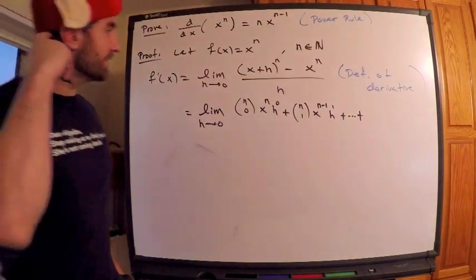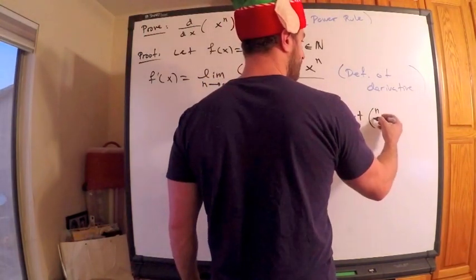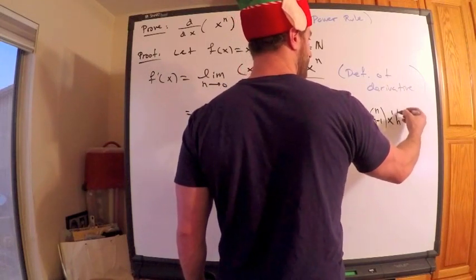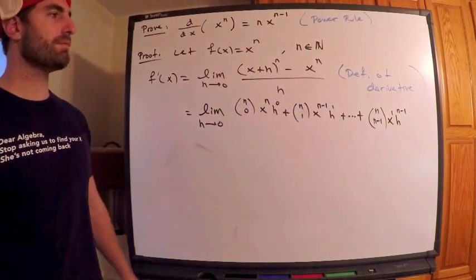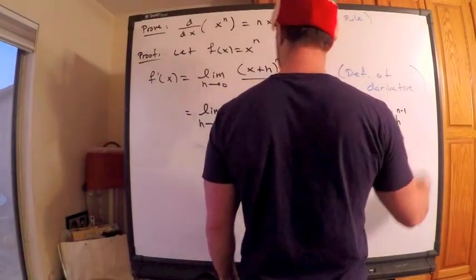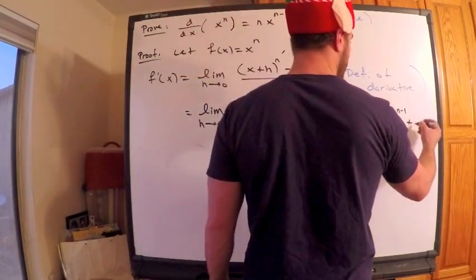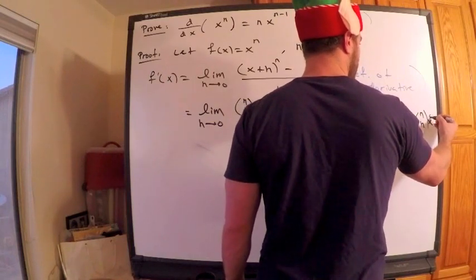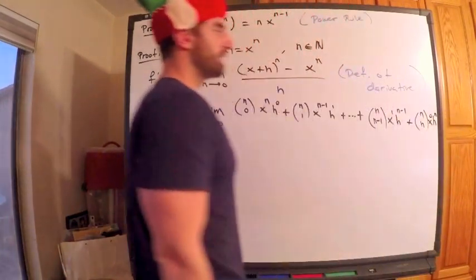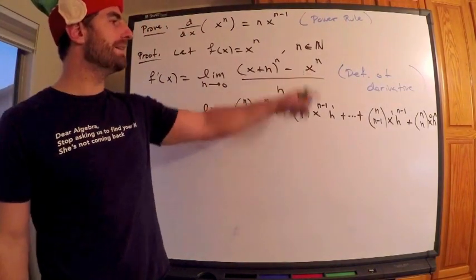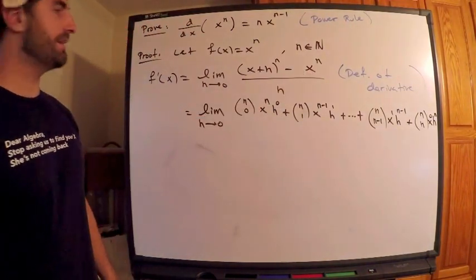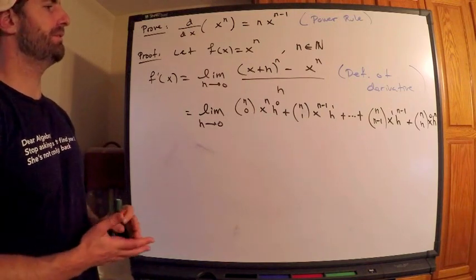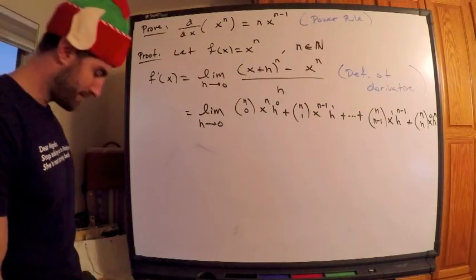The second to last term is n choose n minus 1, x to the 1, h to the n minus 1. And the final term is n choose n, x to the 0, h to the n. I still have the minus x to the n, so quite annoying that I ran out of room.